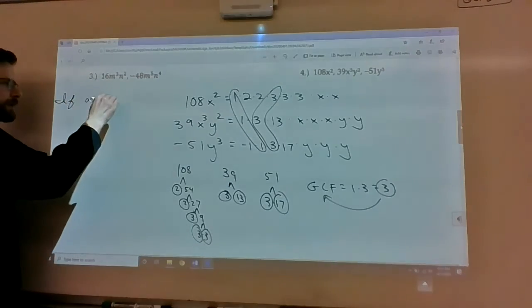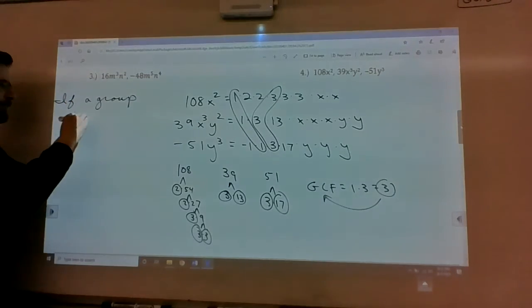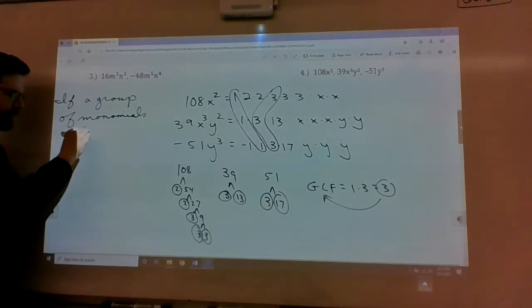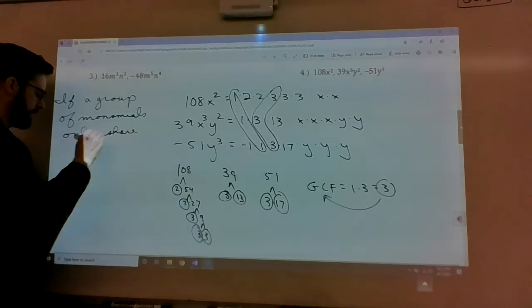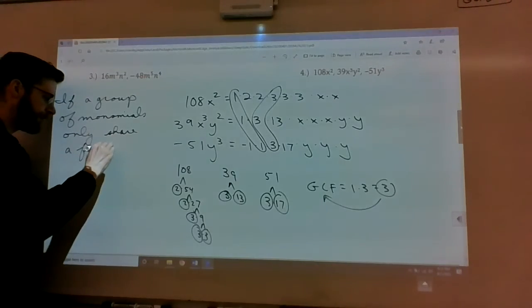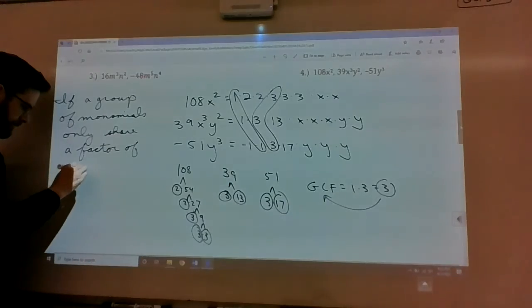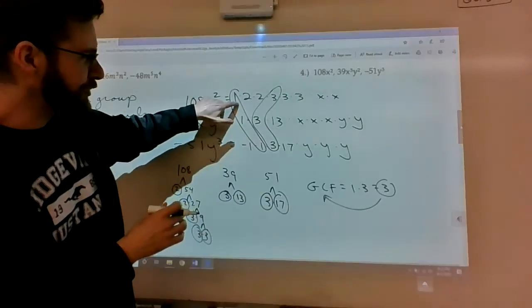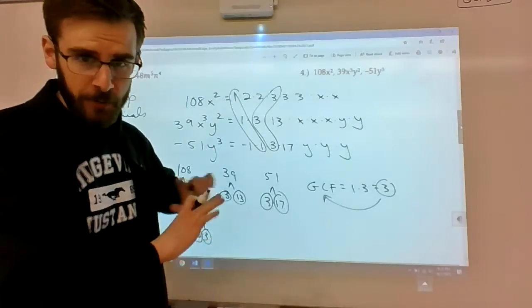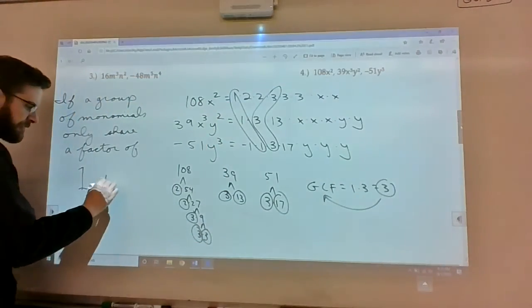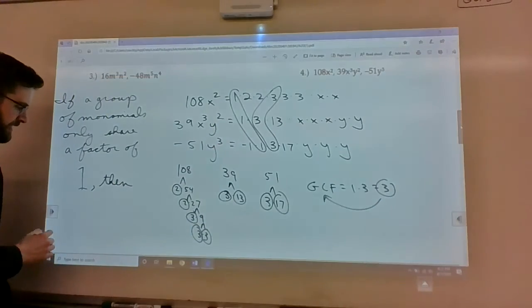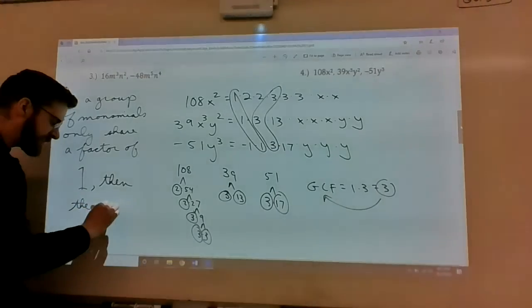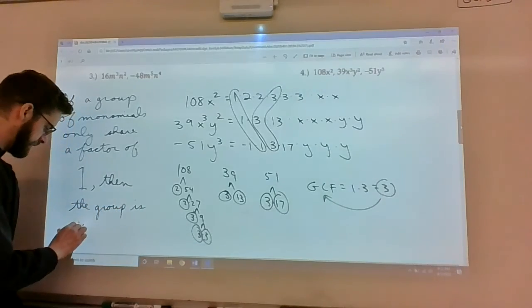If a group of monomials only share a factor of 1, so if the only number or variable expression, the only thing I circled was the 3 1s here, if that was the only thing, then the group is considered prime.